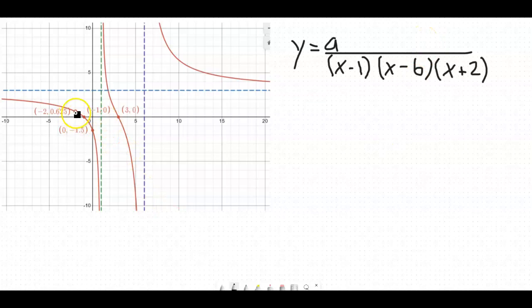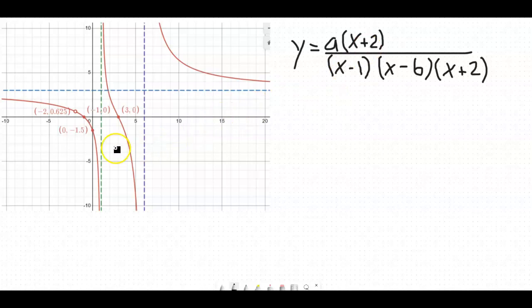But a hole is a factor on the bottom that can be eliminated with a factor on the top. So since our hole is represented by the factor x plus 2, that means that I need an x plus 2 factor up on the top in order to cancel out on the bottom, so I get that hole at x is equal to -2. So that would be my first factor, and I know that only because of how vertical asymptotes and holes work.